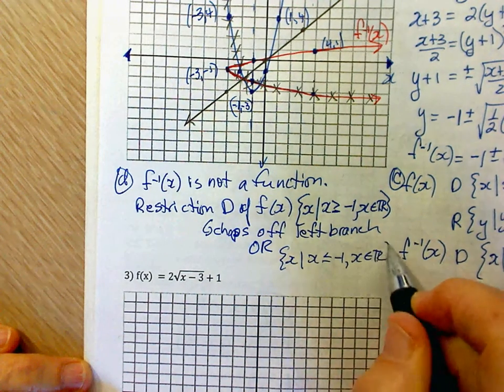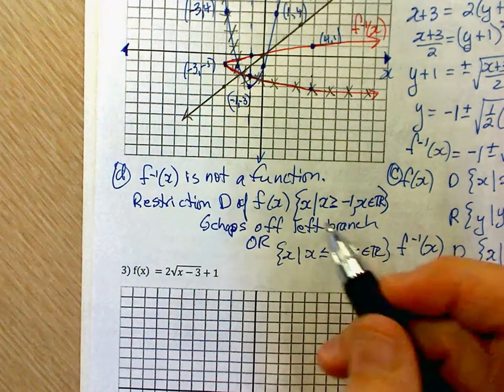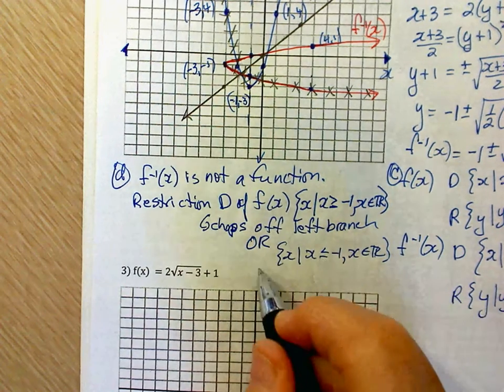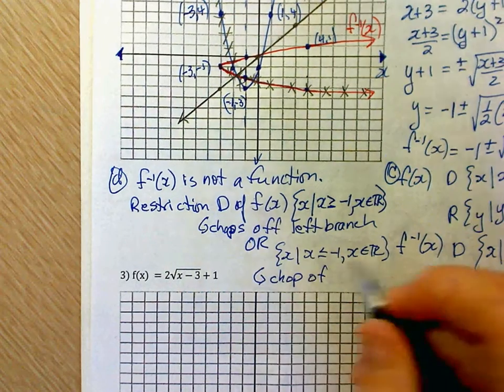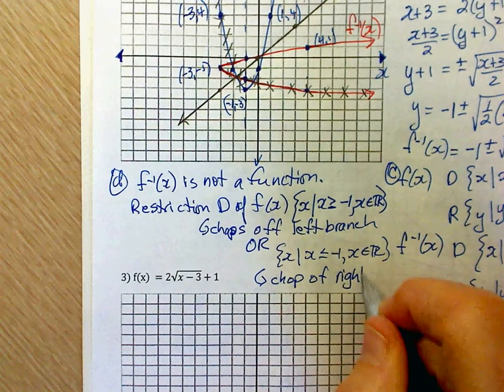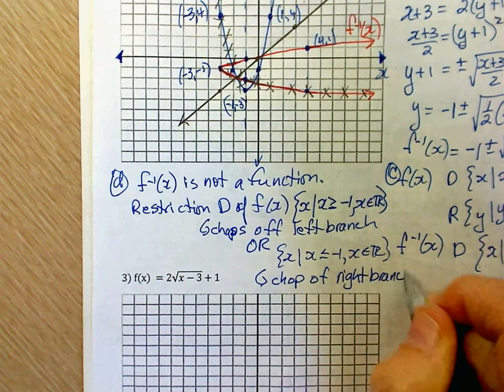We could have done that, but this would have chopped off the right branch. So if you chop off the right branch, you'll only be left with the bottom branch.